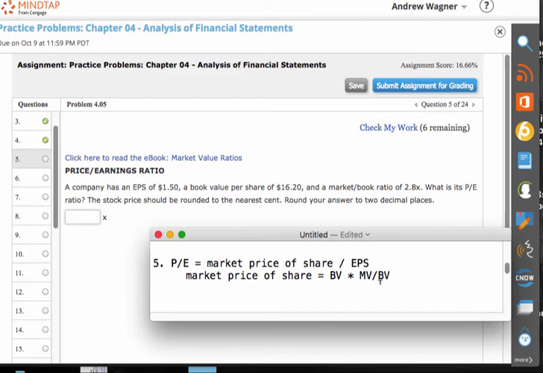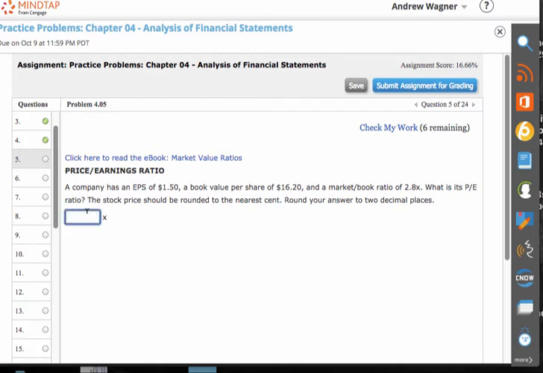So 16.2 times 2.8 would be the market price of the share. You just take that and divide by earnings per share of 1.5. And when I do that, I get 36.24.